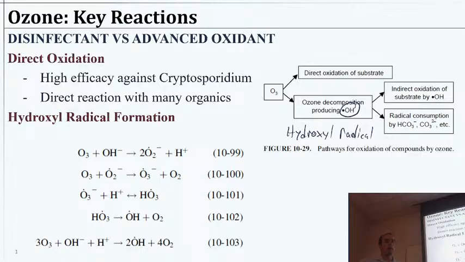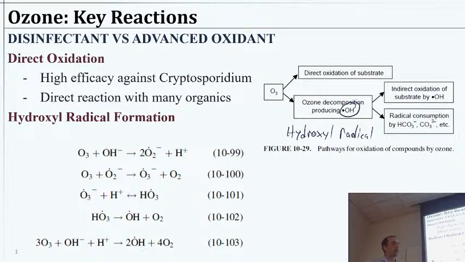We could also have a reaction with ozone and that superoxide to get us an ozone radical species and molecular oxygen, O2. This guy can then react with hydrogen and get us HO3 dot.